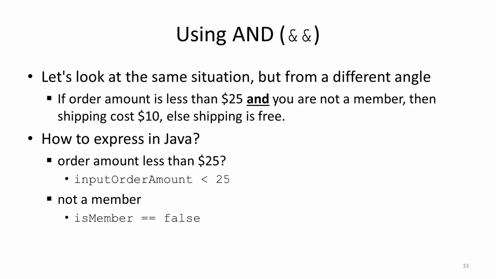We have the compound condition, order amount is less than 25, and you are not a member. We would need to express each of those criteria in Java, and this is how we would do it. Input order amount strictly less than 25, and to express not a member, we have is member equal false.